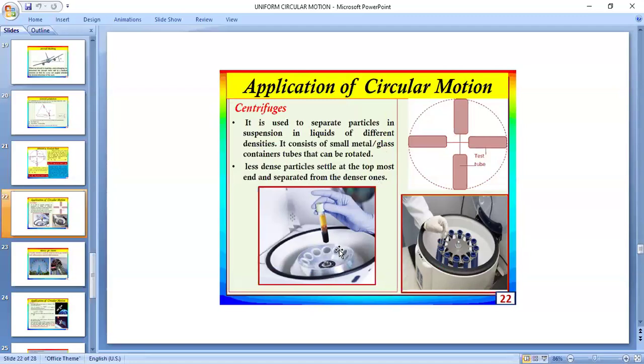Because milk is a mixture of different particles, we have the liquid part and the solid part, which is ghee. The solid part will require a higher centripetal force, but the liquid particles will require a lower centripetal force. So at the end, the solid part moves away from the center. They gain more radius than the liquid part. And that's how we separate the two.